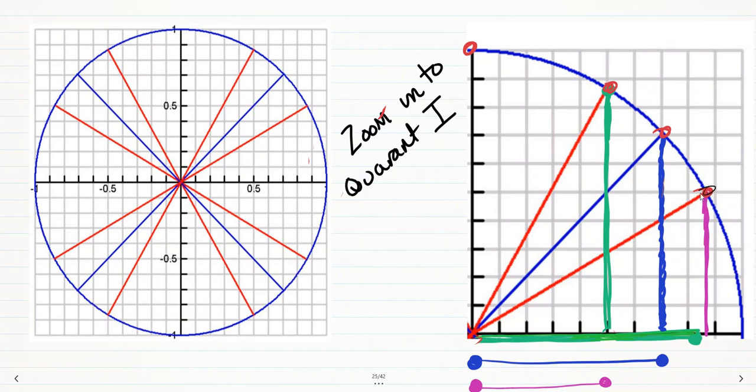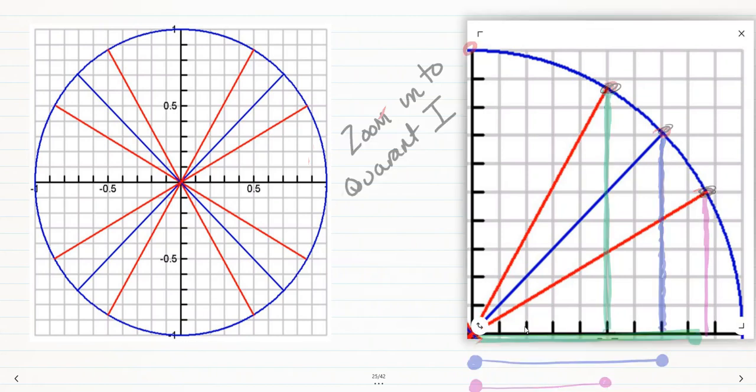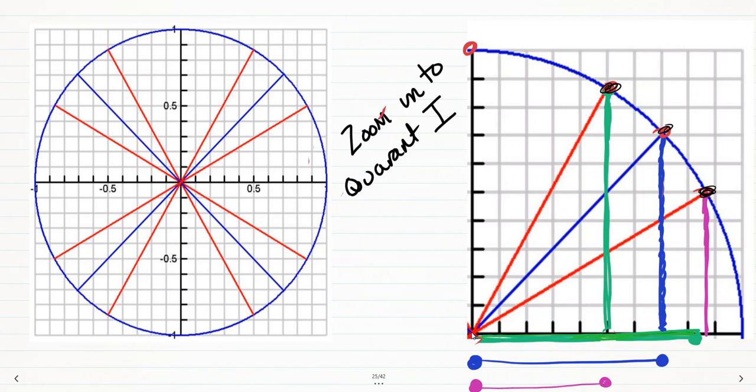If we're getting to these ordered pairs, right? If we're looking for the x and y of these ordered pairs, the x is long and the y is small. Or the x is medium and the y is medium. Or the x is large and the y is the short, the pink one here.